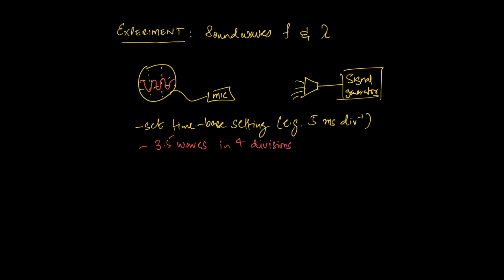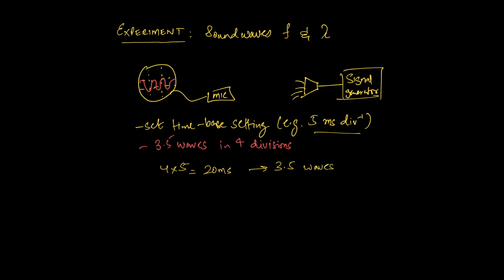In a case like that, how many divisions did you have? We had 4 divisions. So 4 times 5 milliseconds per division is equal to 20 milliseconds, and the 20 milliseconds has 3.5 waves.